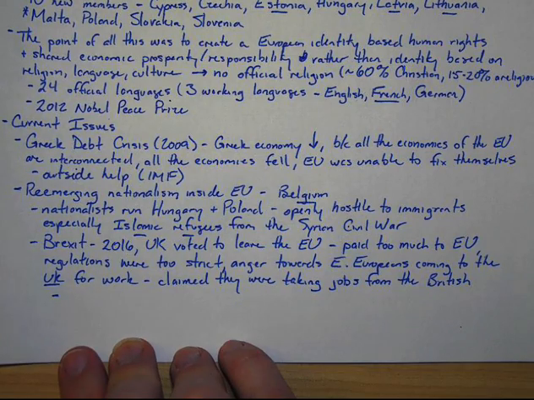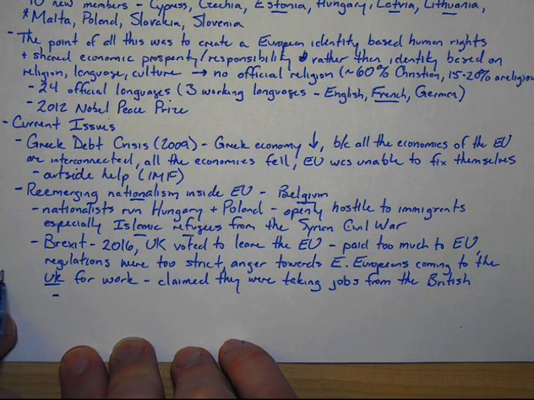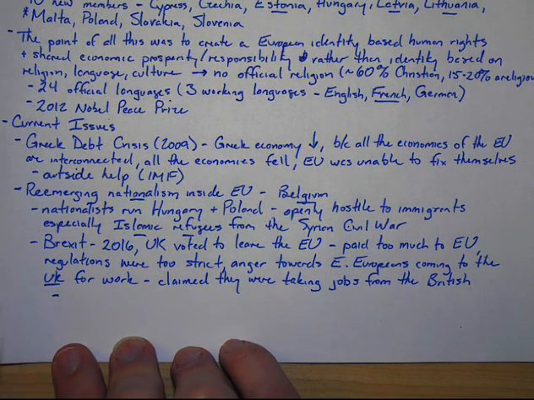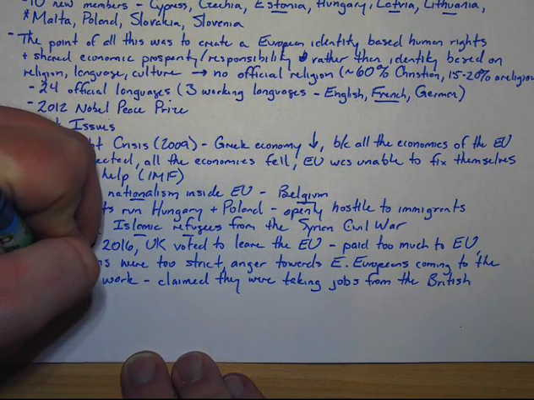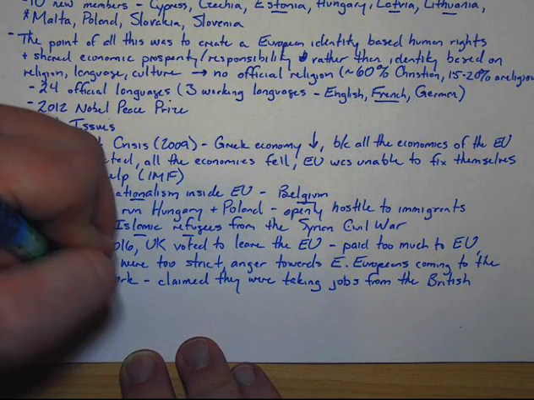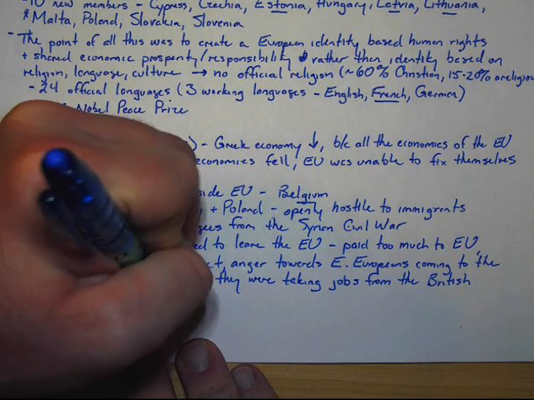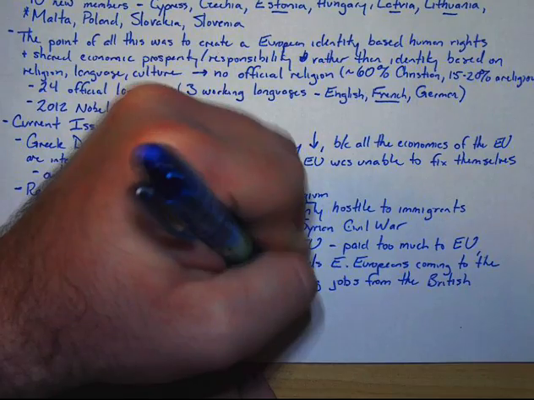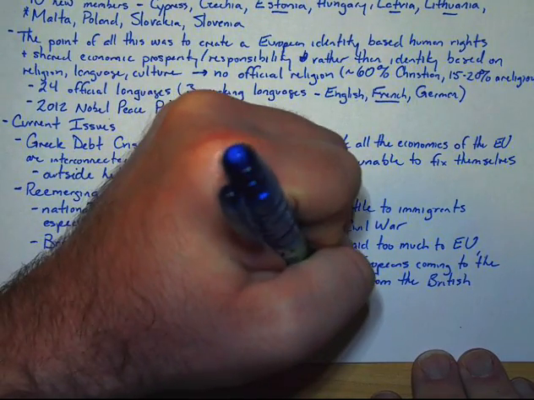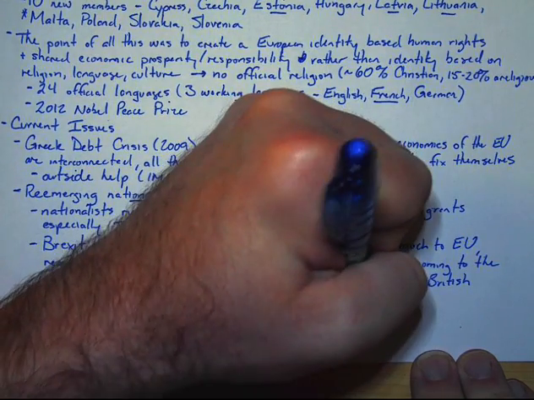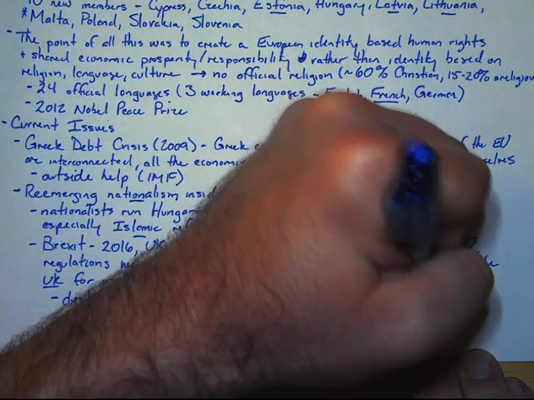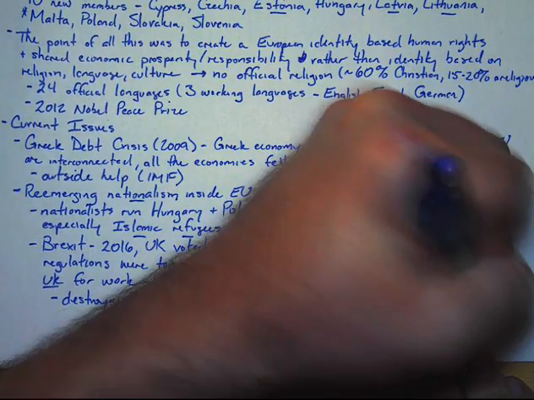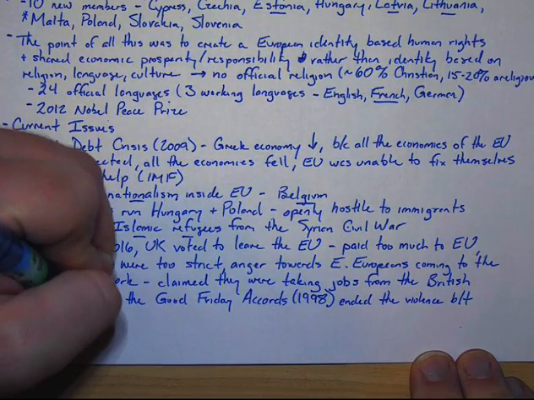This has bigger implications than just growing nationalism, and the growing nationalism is dangerous enough as it is. But a bigger problem is that this kind of destroys the Good Friday Accords. And remember, the Good Friday Accords were signed in 1998, and they ended the violence between the UK and Ireland.